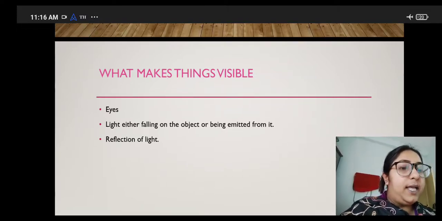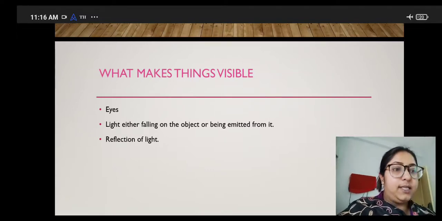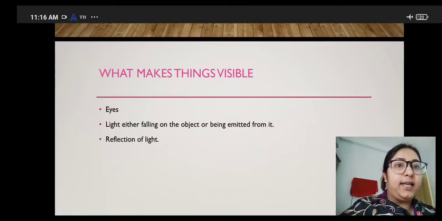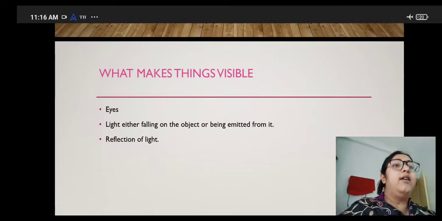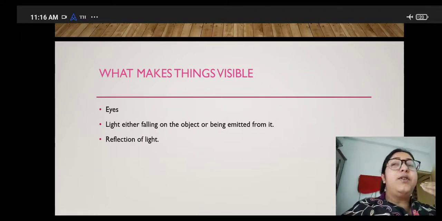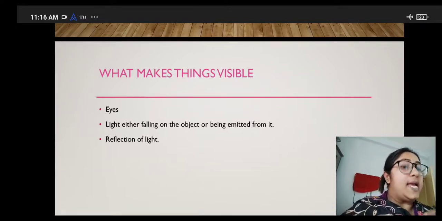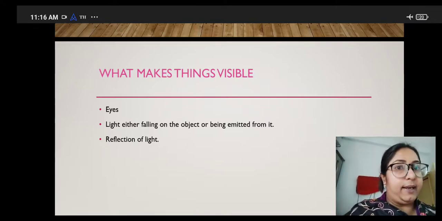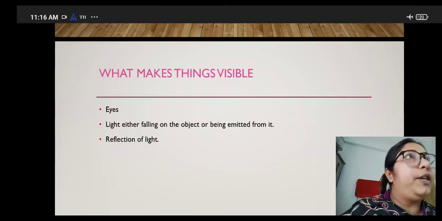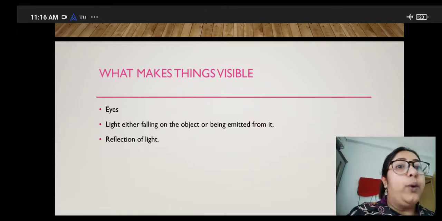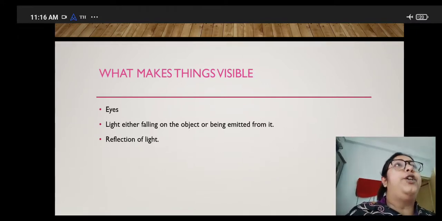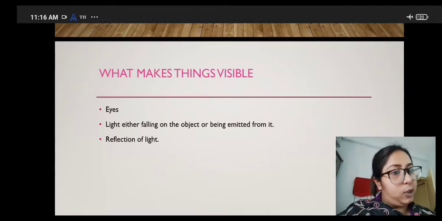That means the light falling on the book is getting reflected into our eyes, and as a result we can see the book there. This explains our third point, that is reflection of light, which is a very important concept in viewing any object with the help of light as well as our eyes.